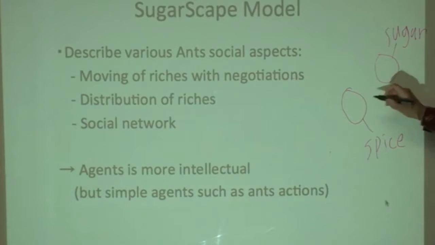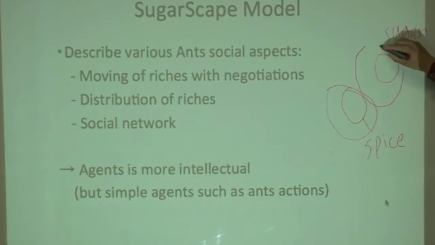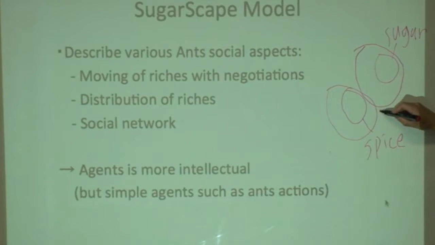So these ants maybe can eat more spice, but little sugar. This one can eat much sugar, but has less spice.